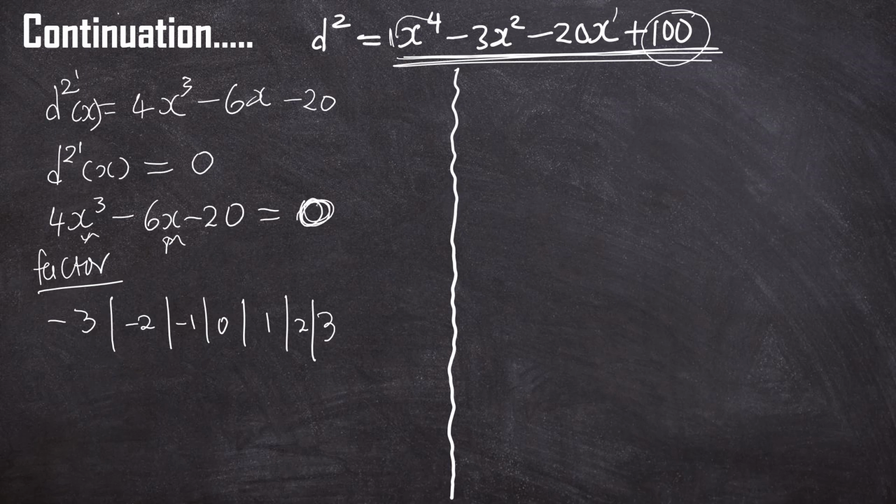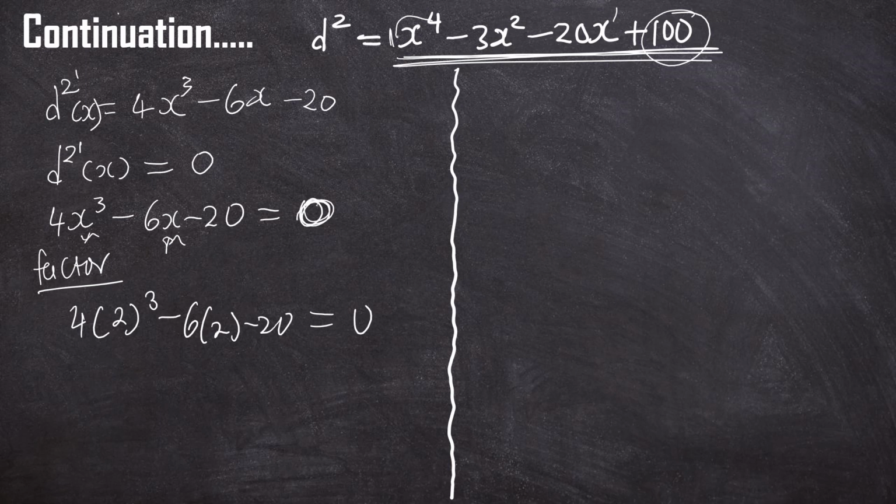So when I did it, I got 2. When we put 2 where there is x, 2^3 - 6(2) - 20, the answer gives me 0 when we punch the calculator. Meaning that when x is equal to 2, that gives a factor.